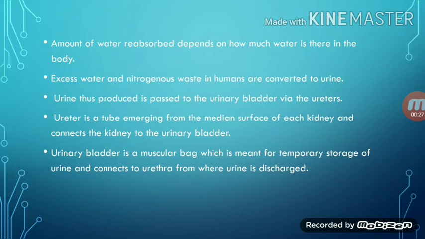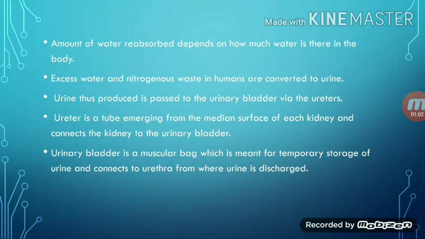Excess water and nitrogenous waste in humans are converted to urine. So urine consists of excess water and nitrogenous waste. The urine thus produced is passed to the urinary bladder via the ureter. The ureter is a pipe-like structure, one pair is there.